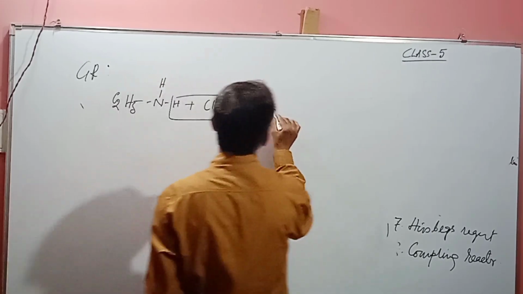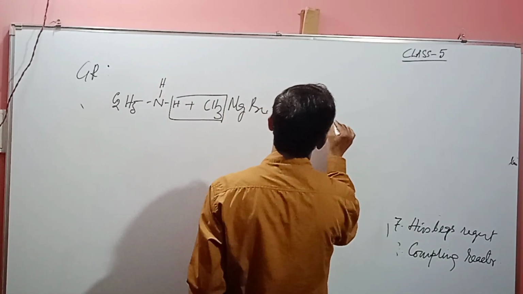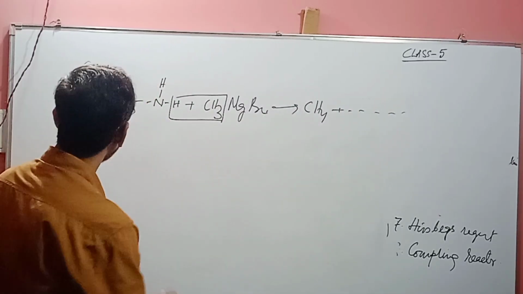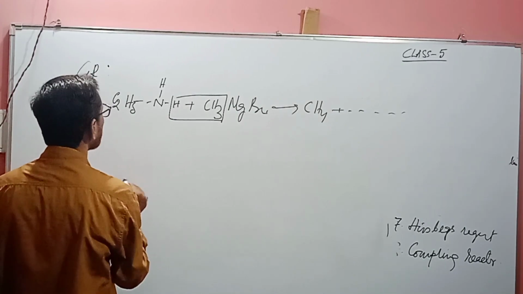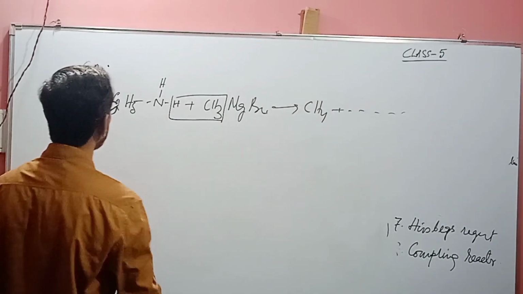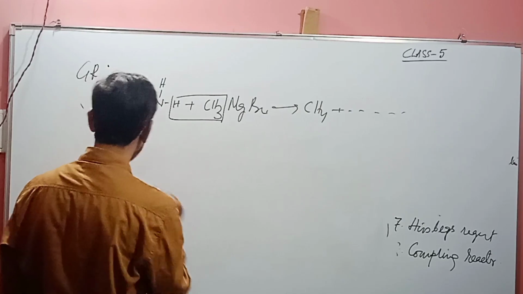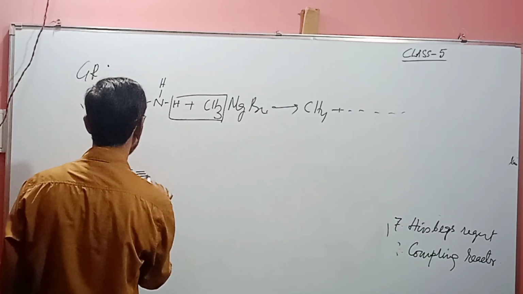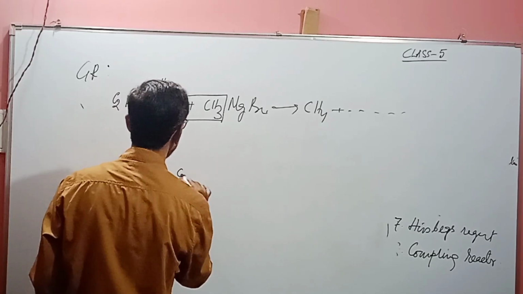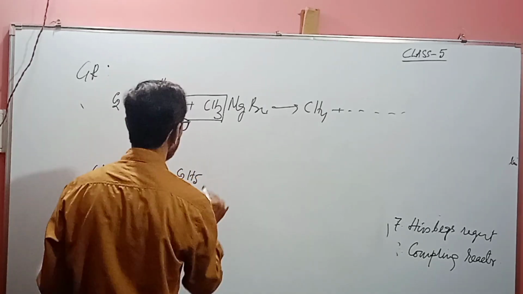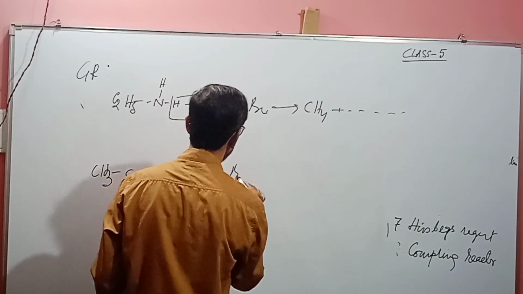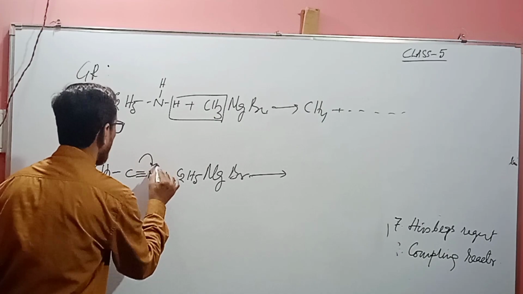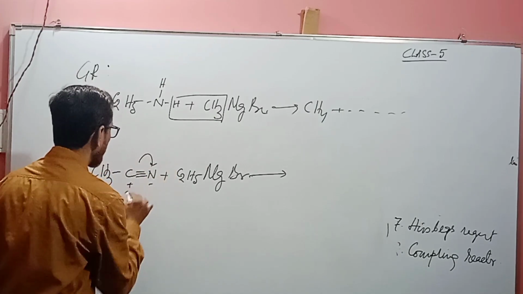These parts combine to give you alkane. And if it is CH3CN and Grignard reagent say C6H5MgBr, what product will you get? Maybe minus and it is with plus.